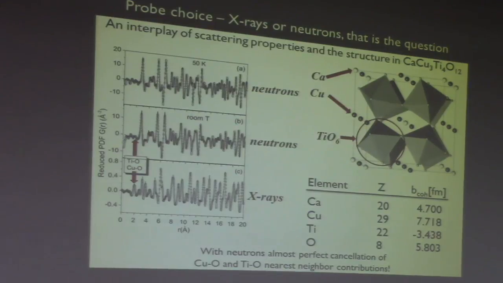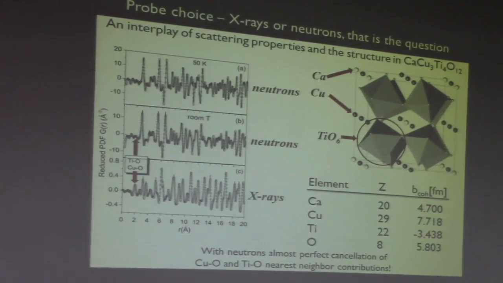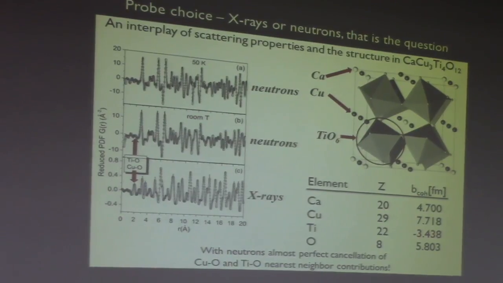What does negative coherent length signify? With all scattering events, you have a wave that comes in, and then it excites something, which emits another wave that comes out.